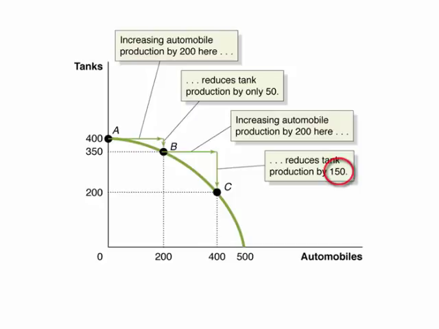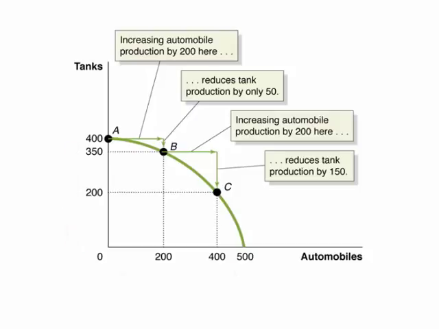Here, it's 150. So notice as we change the same amount of automobile production, 200 each time, the opportunity cost is rising. Thus, as the economy produces more and more automobiles starting from point A, it experiences increasing marginal opportunity cost.